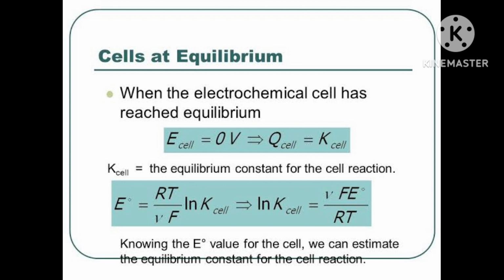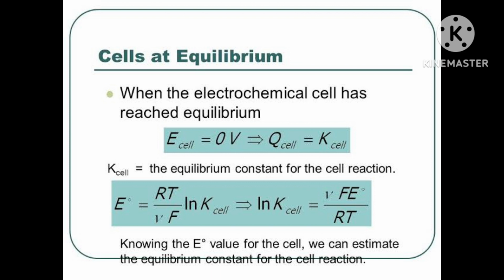Then its value will come as 2 into 10 to the power minus 37. And you must write the temperature. Suppose this was done at 298 Kelvin, which means 25 degrees centigrade. Correct? This is the experimental value. You have written 1.1 volt.